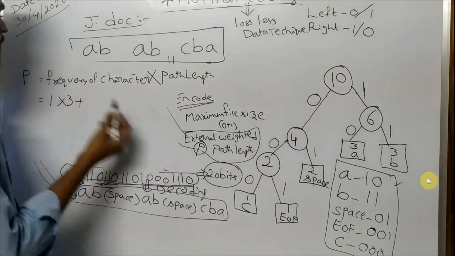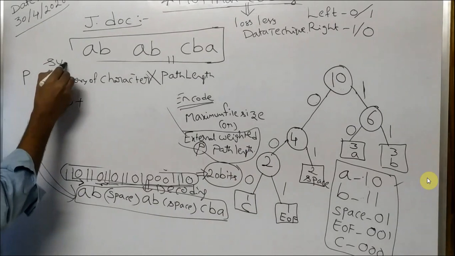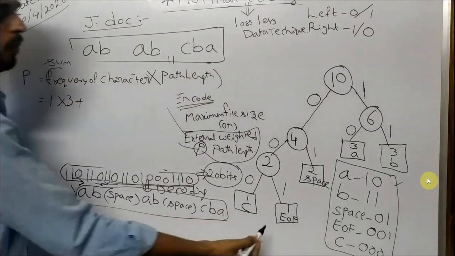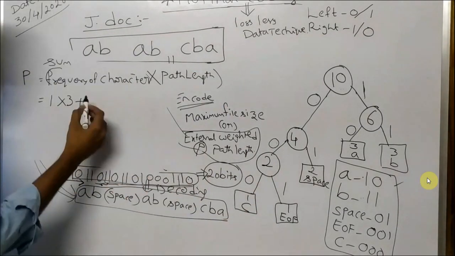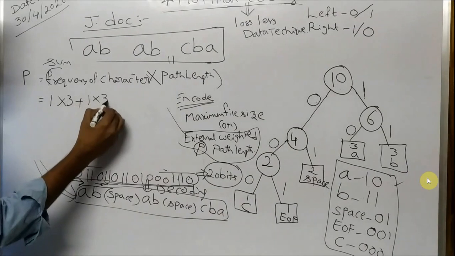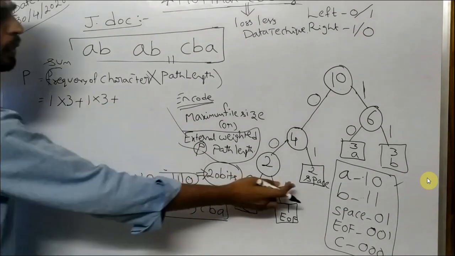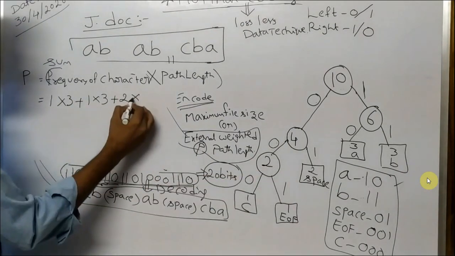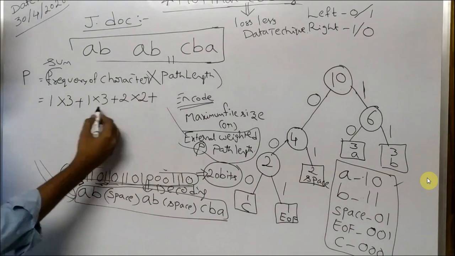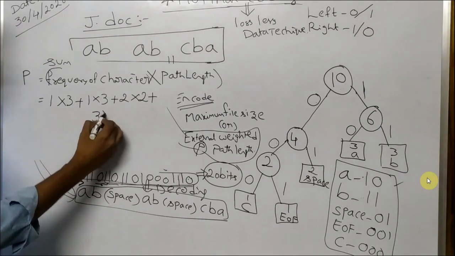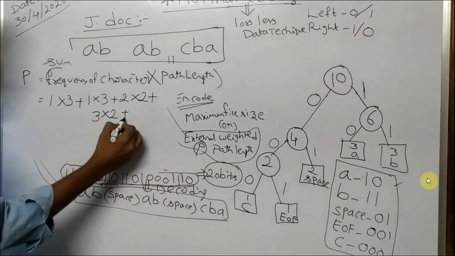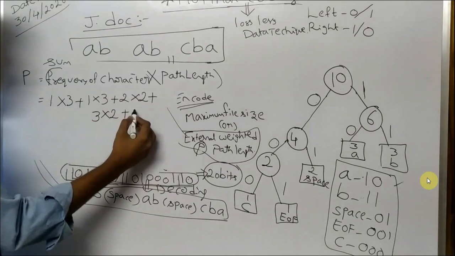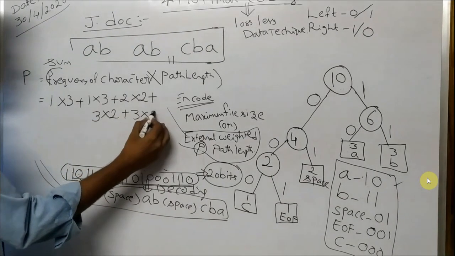Plus, it is the sum of: what is the end of file frequency? 1 into path length 3, plus space frequency 2 into 2, plus A frequency 3 into path length 2, plus B frequency 3 into 2.